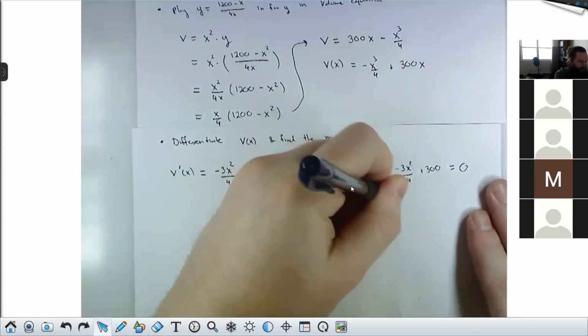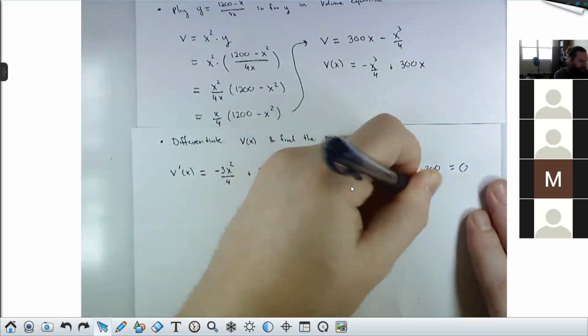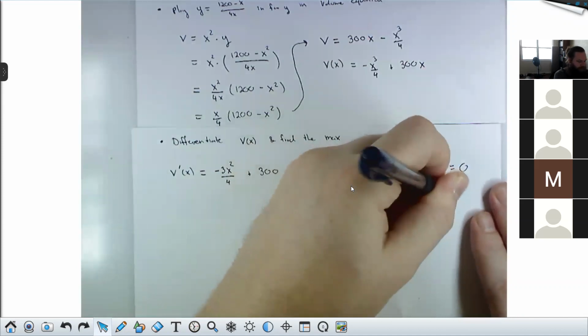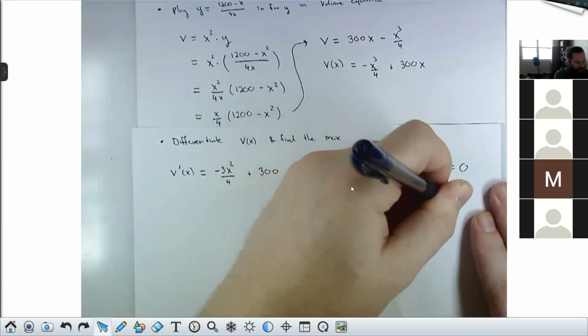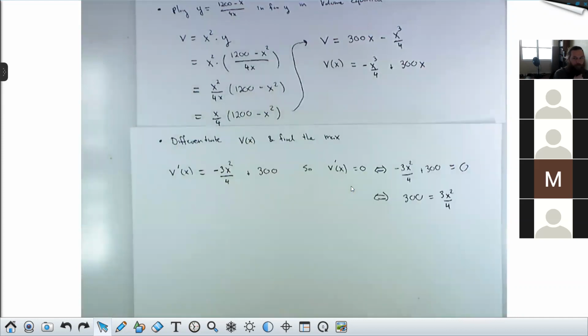Which is the same as saying 300 is equal to 3x squared over 4. I differentiated. I took the derivative. So the derivative of 300x is just 300. And the derivative of x cubed is 3x squared. So the negative and the 1/4 came along for the ride. The 300 came along for the ride. But yeah, here we've taken the derivative.